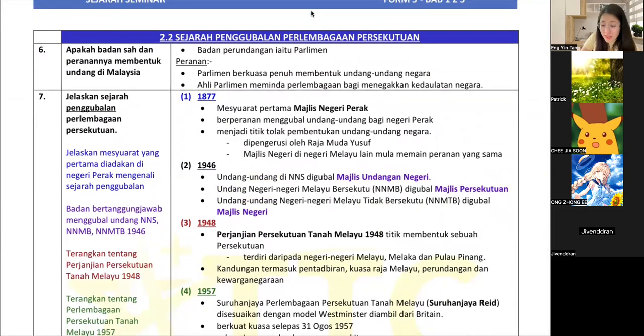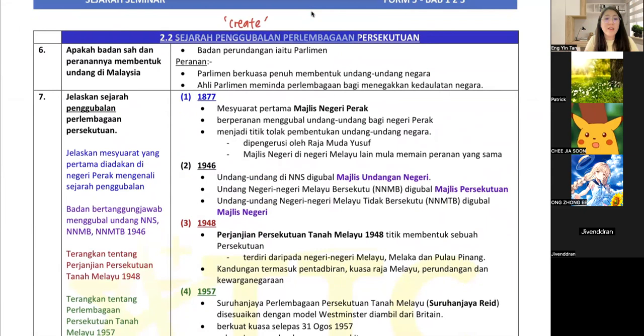So the second chapter here is still continuing to talk about perlembagaan, tapi sekarang we talk about how do we create the law. Pengubalan means create the law. So how do we create the law? The sejarah means that you need to tell me the whole process. So dekat sini, you can read through question number 7, enough already lor.